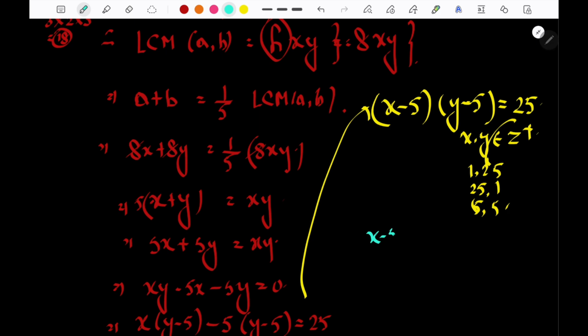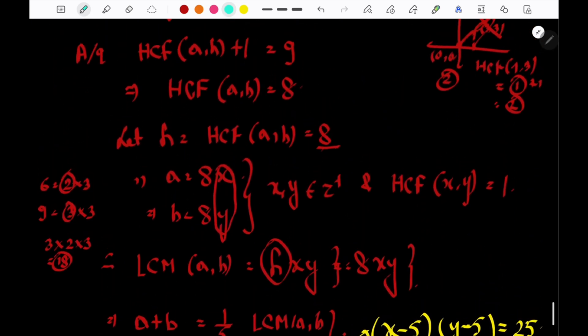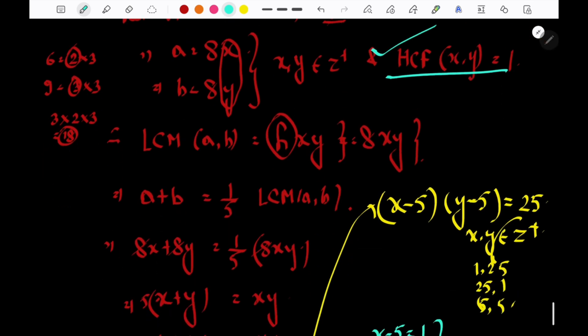Let's check out the cases. First is x minus 5 is equal to 1, y minus 5 is equal to 25. So this will be 6 comma 26. But HCF of 6 comma 26 is not 1. What we considered was that HCF of x comma y must be 1. But is it coming 1?